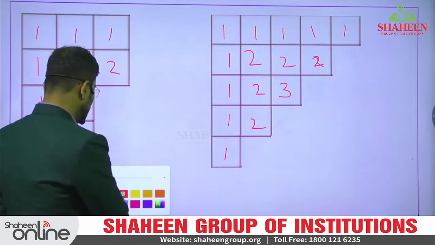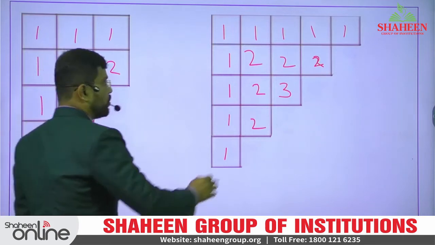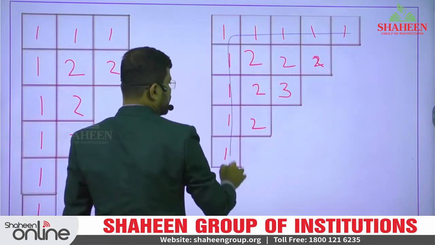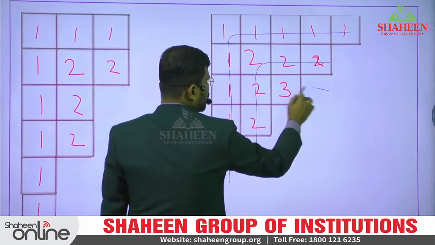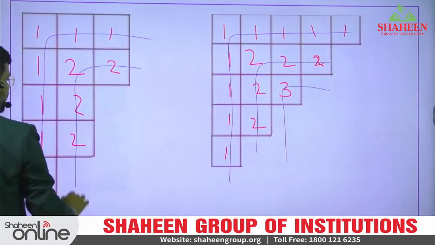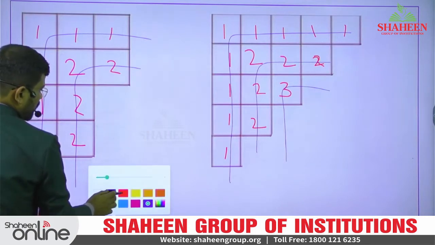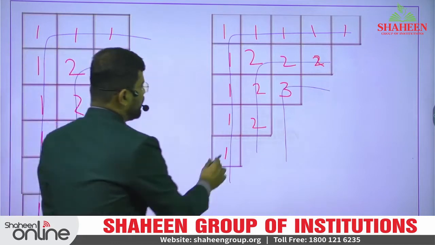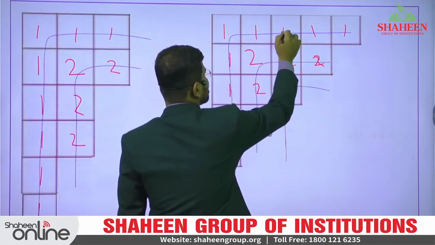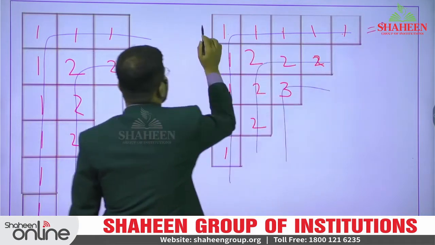Yes, now if you see, look at here, friends. You add all this. Yes, 2, 2, 2, 3, 3, 3. Yes, add all this. 1, 1, 1, 2, 2, 2. Now, okay, 1, 2, 3, 4, 5, 6, 7, 8, 9. How many are there? 9.